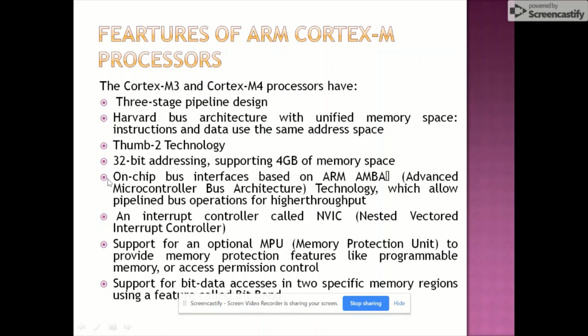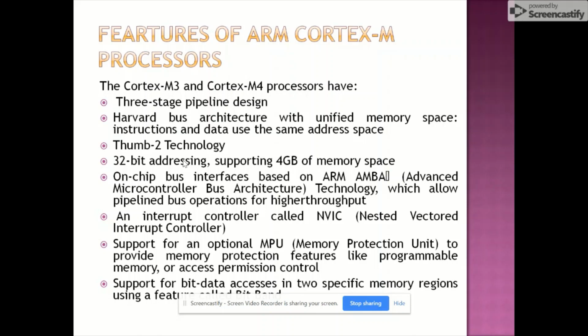Also, these processors have an on-chip bus interface based on Advanced Microcontroller Bus Architecture technology, which allows pipelined bus operation for higher throughput.